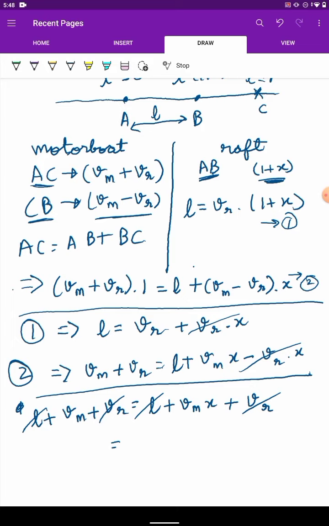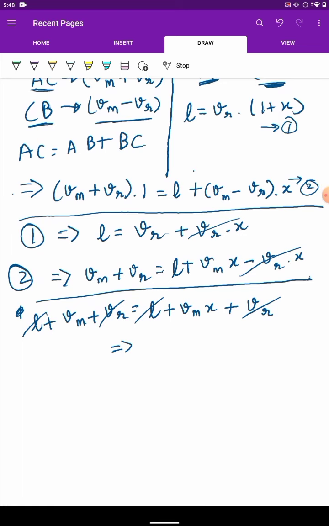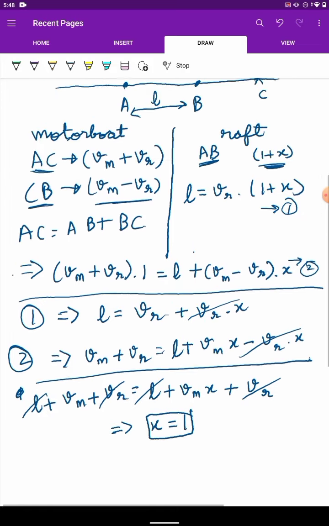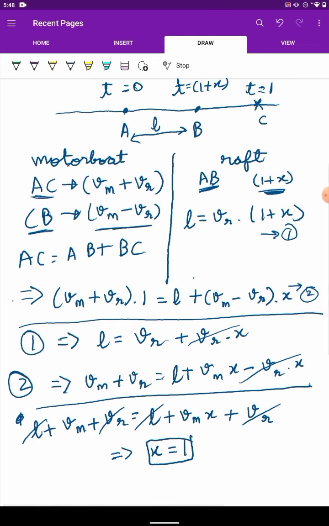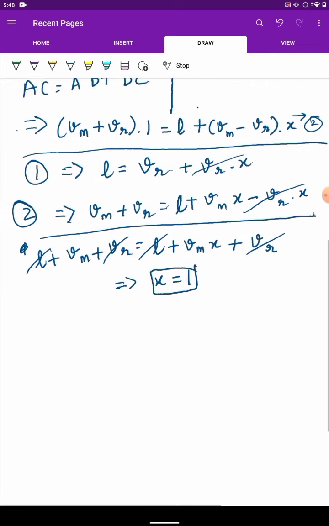So interestingly, and of course Vm can't be 0, Vm equals Vm x, so x is equal to 1. So x is also equal to 1, which means at B the time is 2 hours, right?